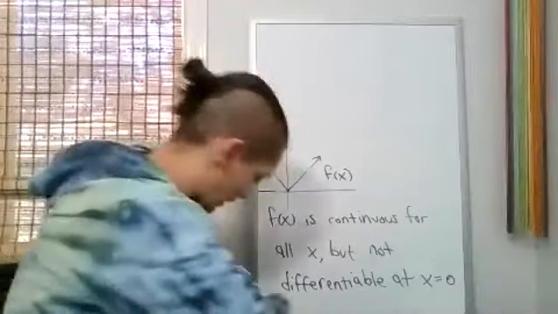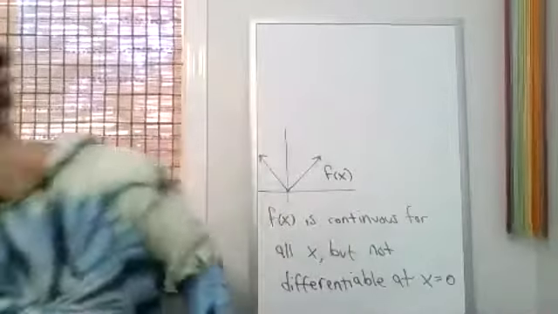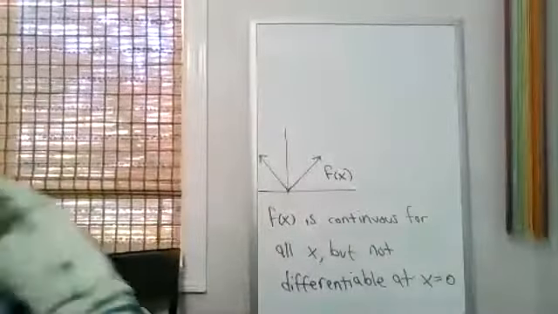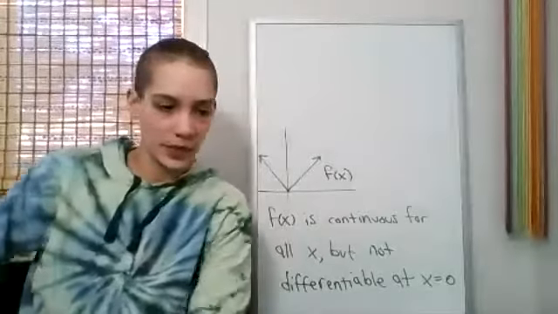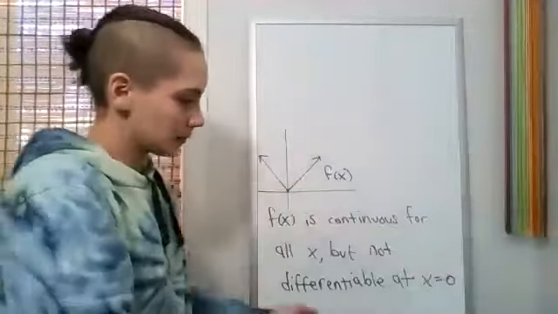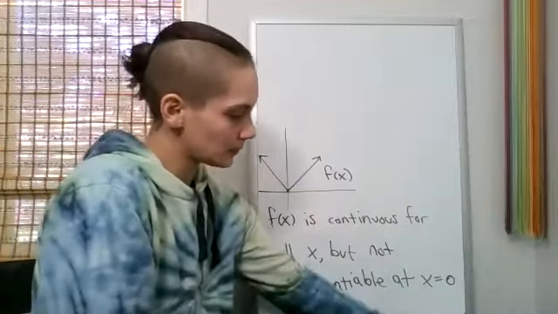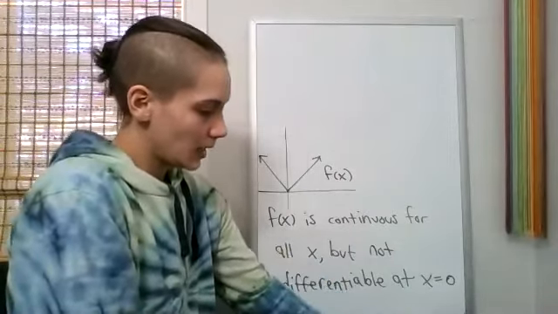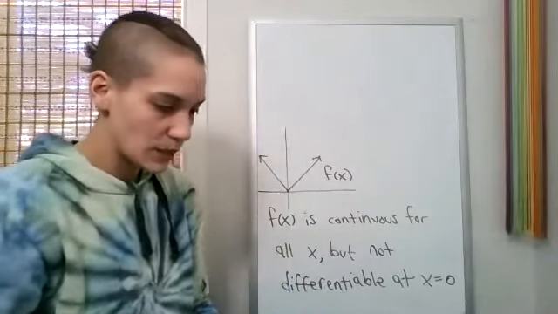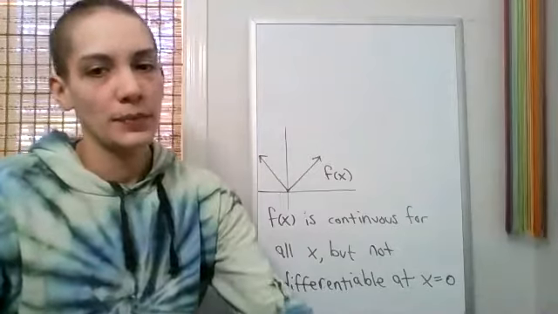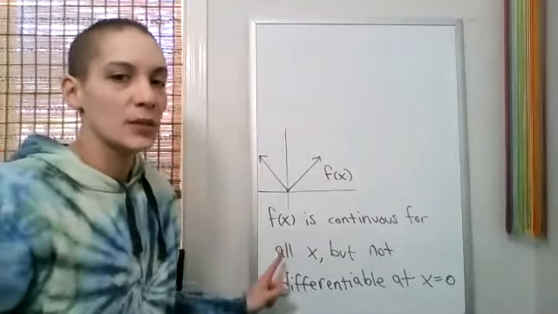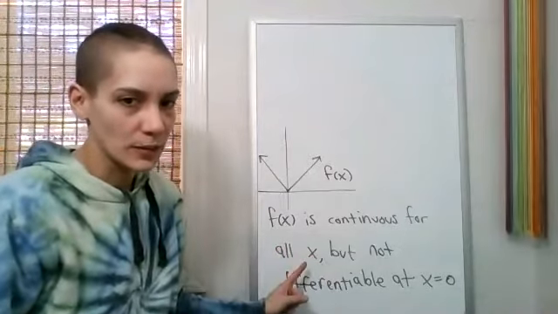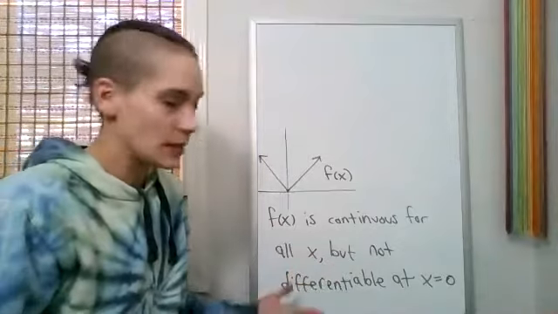Okay, that's not good. So we'll do the continuous part. It is continuous for all x values, including x equals 0. So I just put that part down.